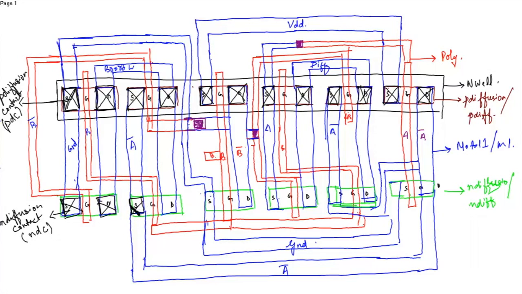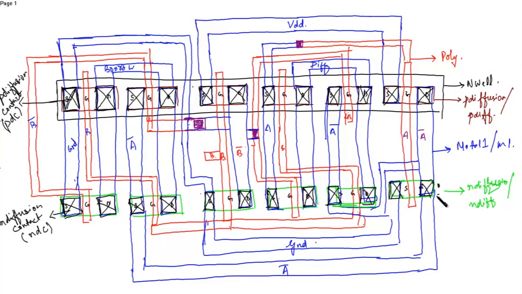Since there are 6 N diffusion layers or 6 NMOS, 2 terminals each, you have to place 12 contacts. So all these are diffusion contacts.